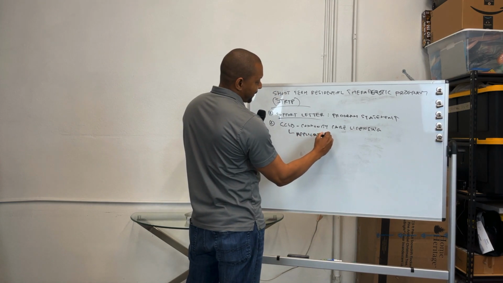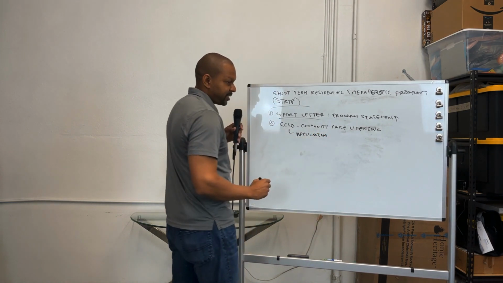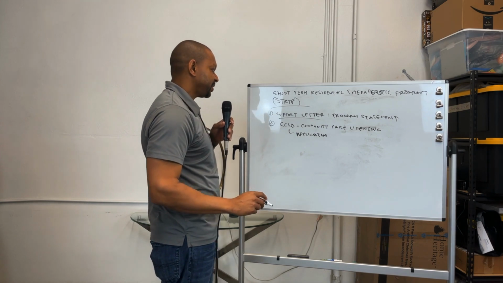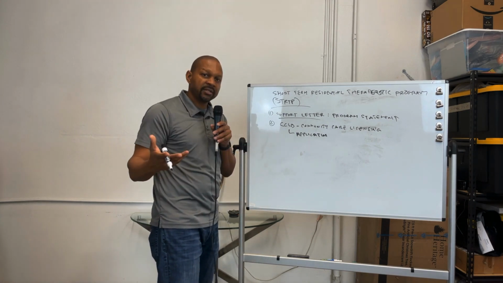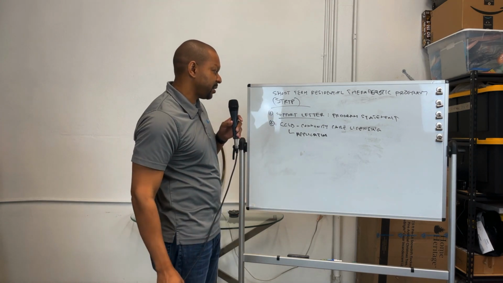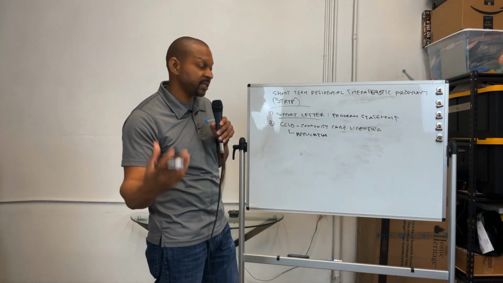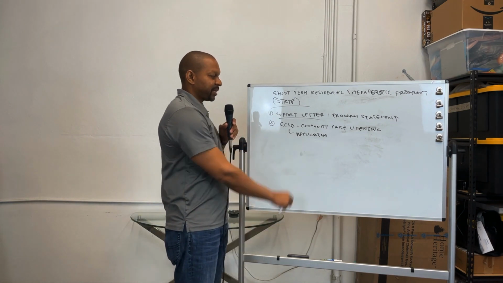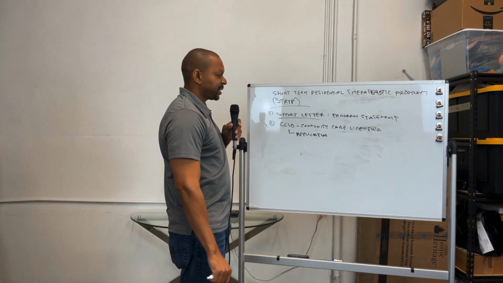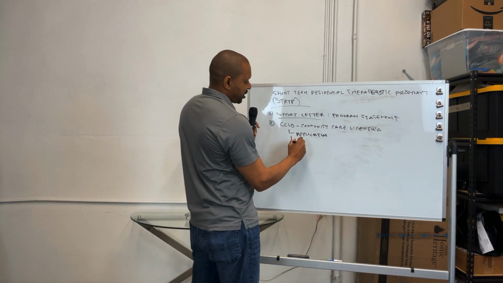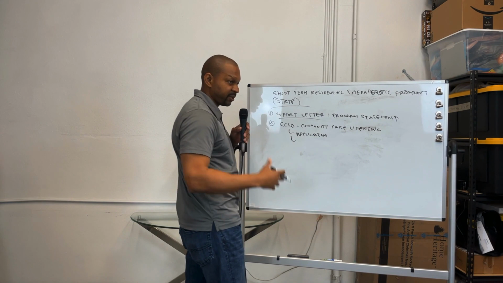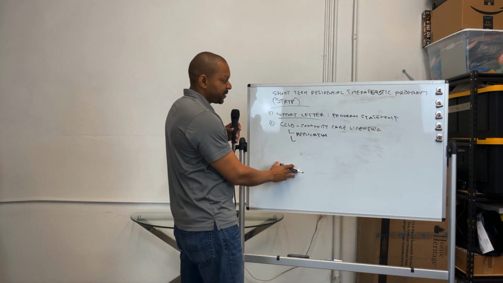You can find the application on the community care licensing website under children's residential. They have the complete application there. Part of it is an application where you're filling out all your business information.